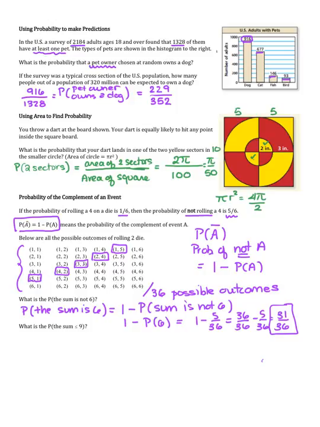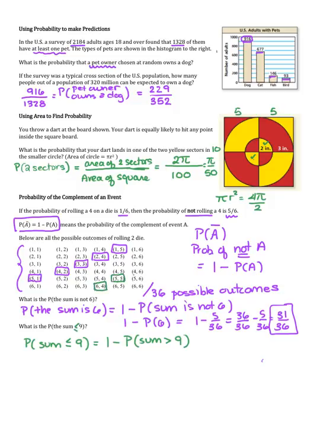So what's the probability that the sum is less than or equal to 9? Well, the probability the sum is less than or equal to 9 is the same thing as doing 1 minus the probability the sum is strictly greater than 9. And there are fewer of those, so let's count those. Strictly greater than 9, so we start with 10.